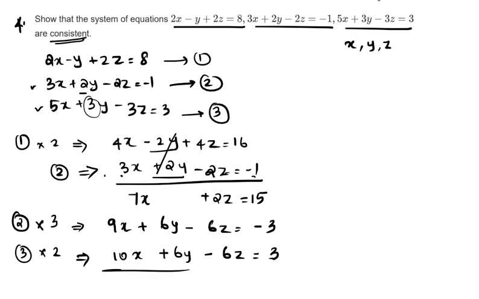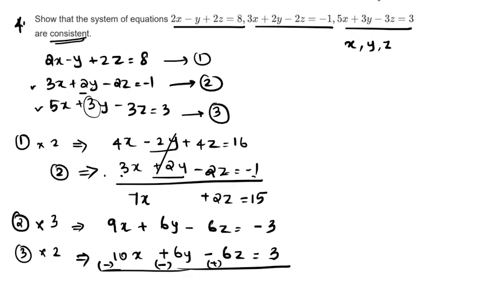Now look at the place of y. Here both are plus, so we have to subtract to cancel out. So I'm going to subtract. So what will happen? We are going to put the sign by changing it.